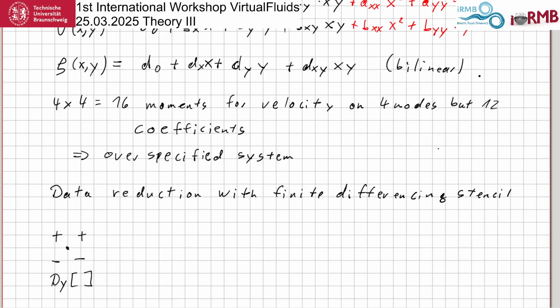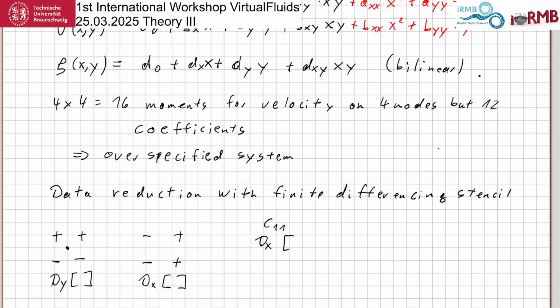This interpolation has some low-pass characteristic also, and this reduces information. Then we have the same thing in x, so we have dx on something. And then we apply this to C11, for example.